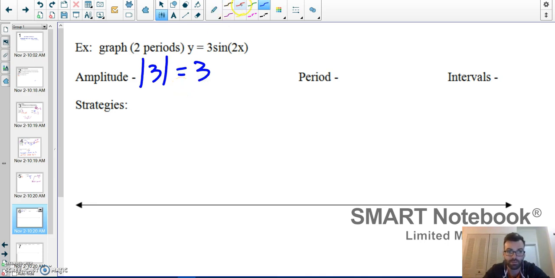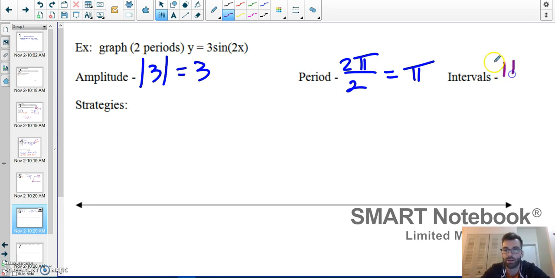Our period here is affected by our x, or that 2. Remember, when it's on the inside, you do the opposite. So I'm going to take my original period, which is 2 pi, and divide that by 2 to get pi. Our intervals are determined by our period.